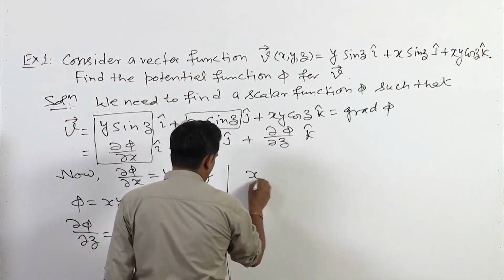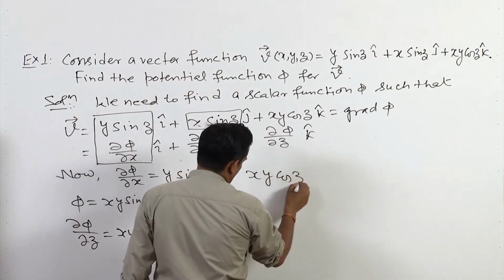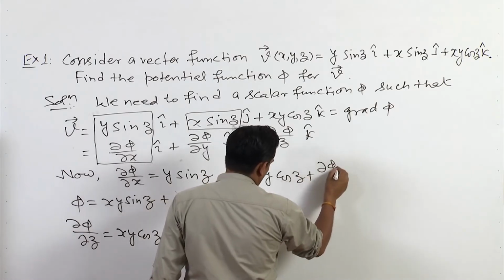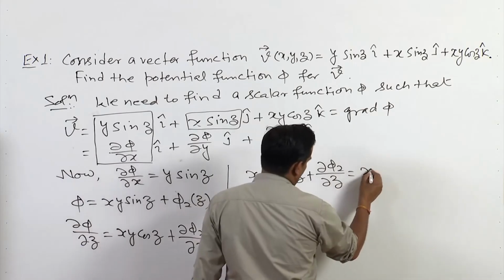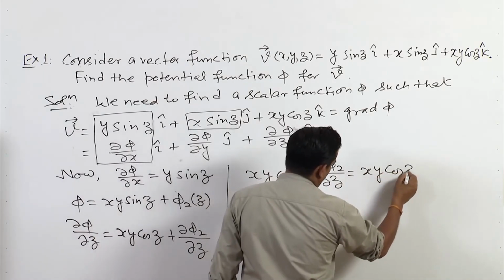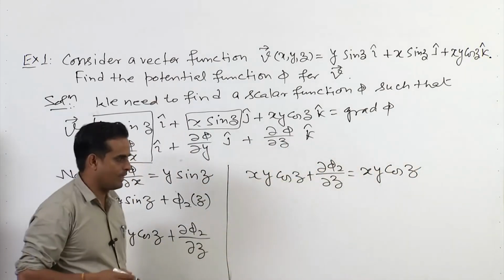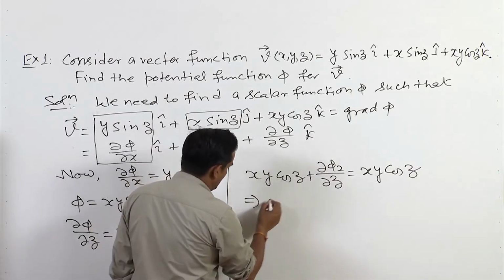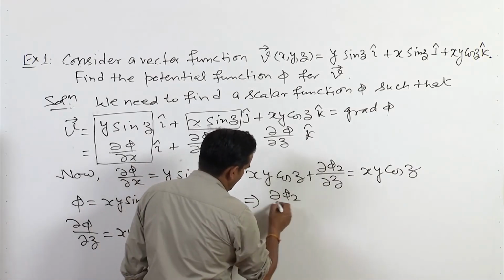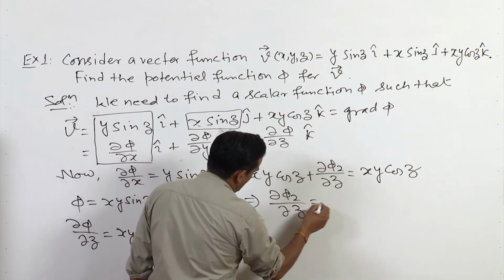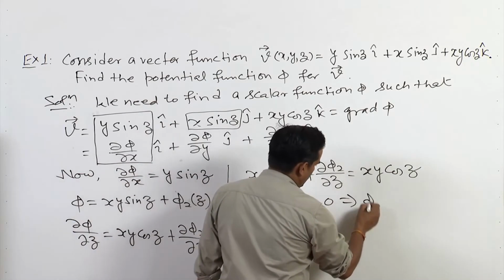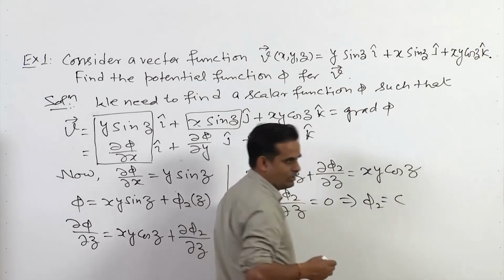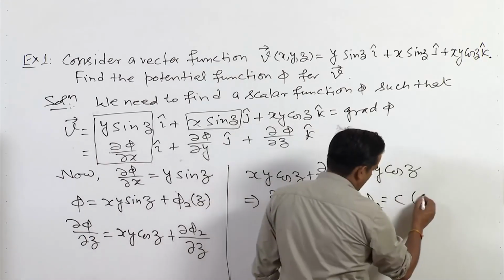So, it means xy cos z plus del phi 2 over del z equals xy cos z. So, from here I am getting del phi 2 over del z equals 0. It means phi 2 is a constant function.